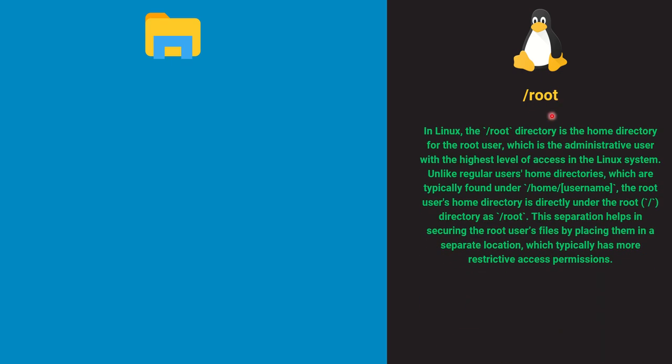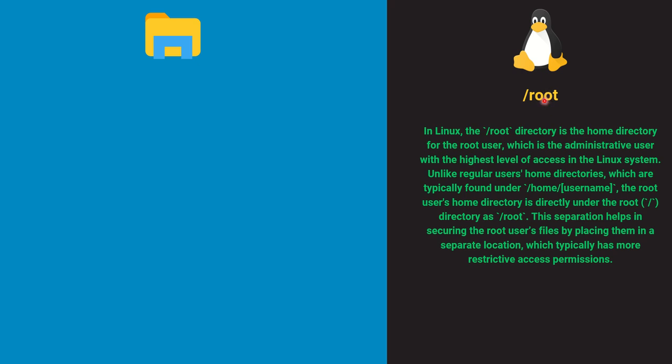Let's move on to the next directory, /root. Now this /root is very different from the root that we were discussing on the previous slide. Root is the administrative user in Linux, just like you have administrator in Windows. In the same way, in Linux language, the administrator account is called the root account.